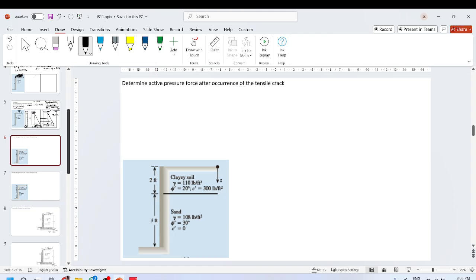There are two more questions that I wanted to discuss, but the time is already up. So I will just briefly mention what we have to do in these questions. In this question, basically you calculate the depth of the critical height. For example, you have an earth pressure diagram like this.